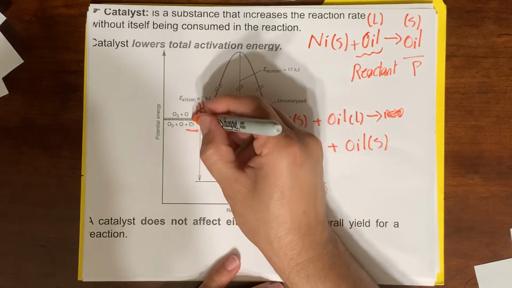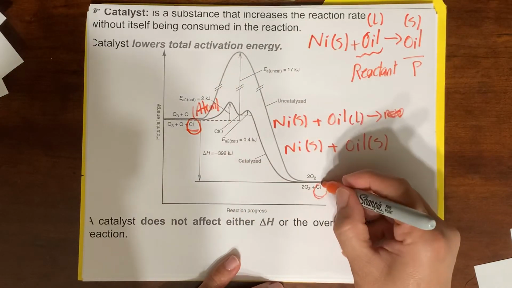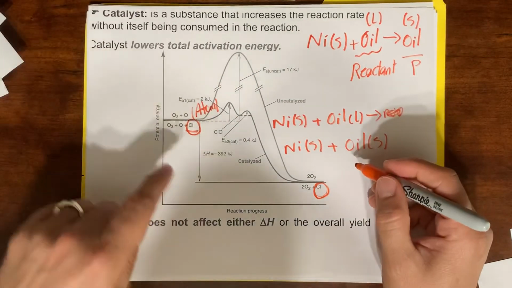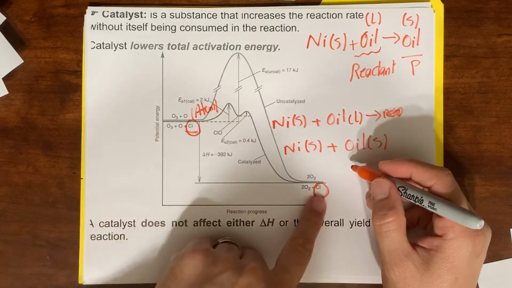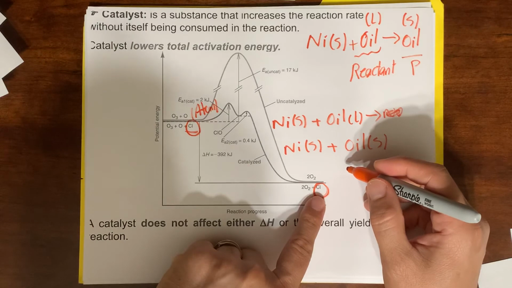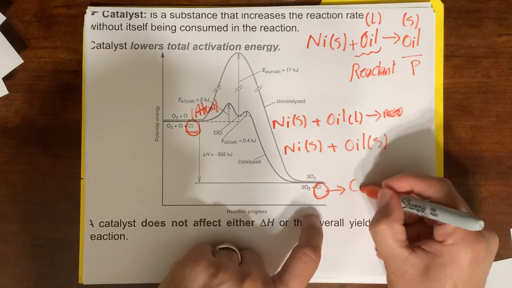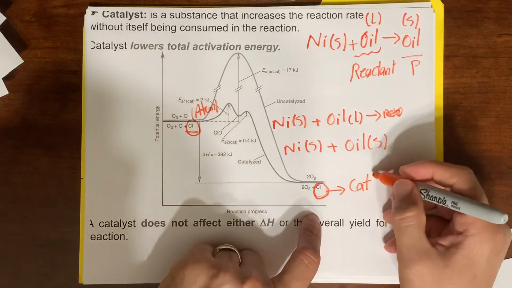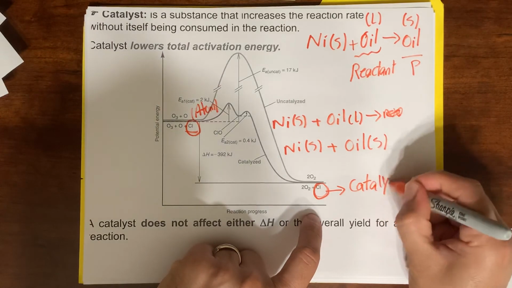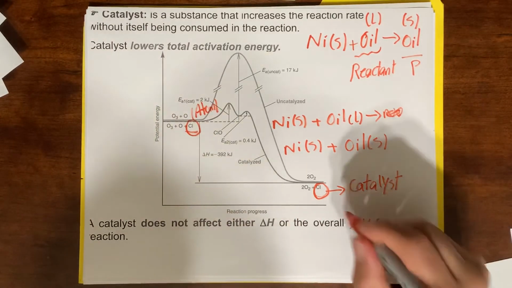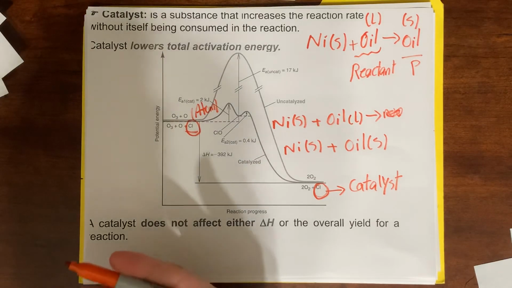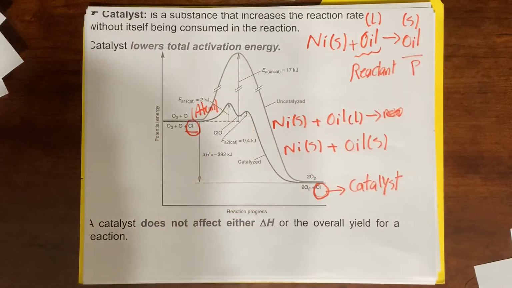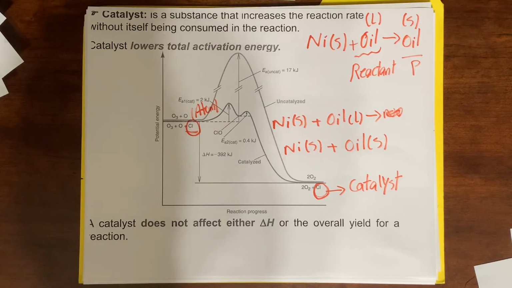Okay, so chlorine is the catalyst. Chlorine managed to speed the reaction, managed to drop the activation energy, and now we got the product. And this is a catalyst, so we must be able to recover it like nickel. And we managed to turn ozone to O2 with a small amount of energy.